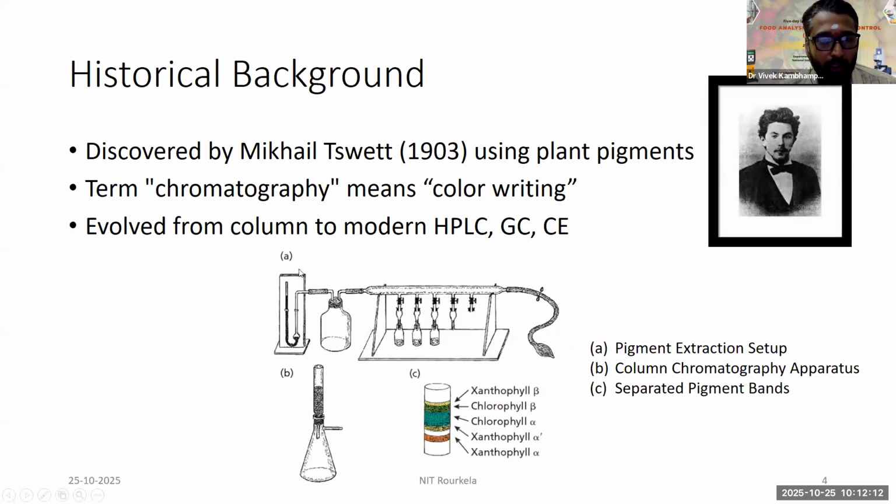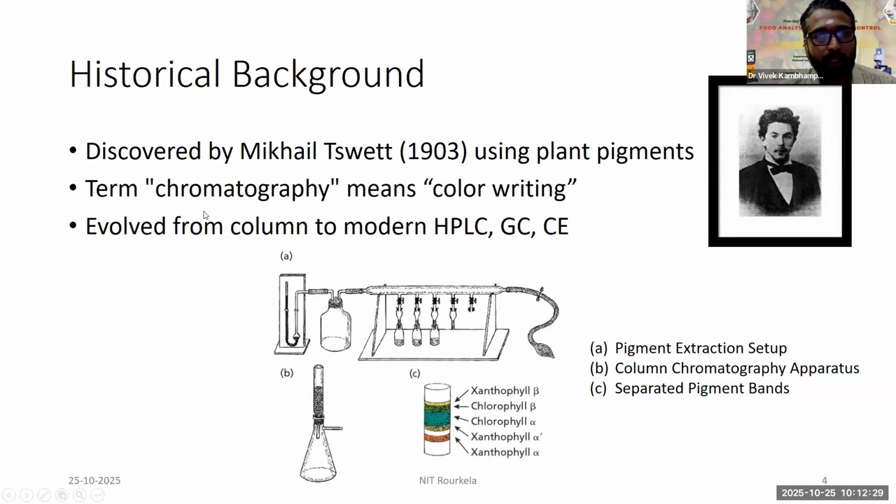In this figure, A is the first chromatography made by Michael in the year 1903. He already gave it the name color writing.